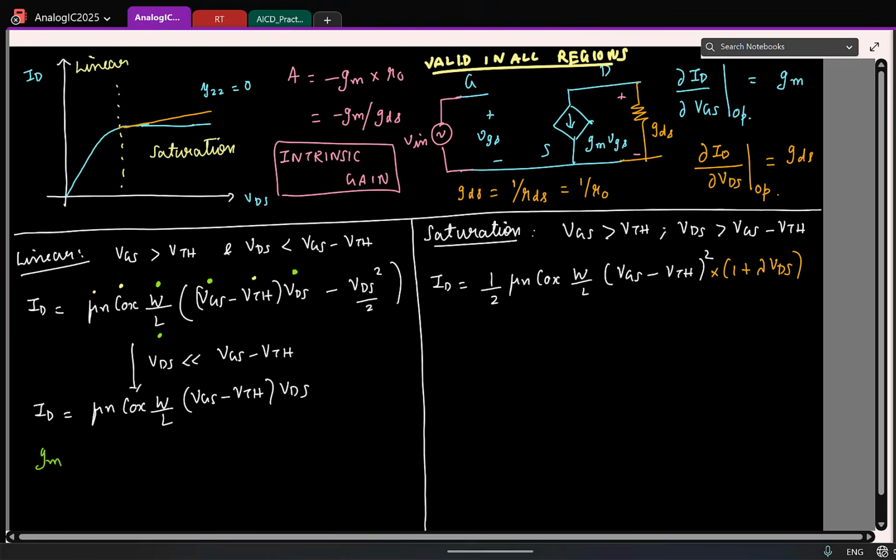What do I get? UNCOX W by L, that's all, into VDS. Similarly, I can compute GDS. GDS is essentially the derivative of current with respect to VDS. I take this equation and take the derivative with respect to VDS. What do I get?